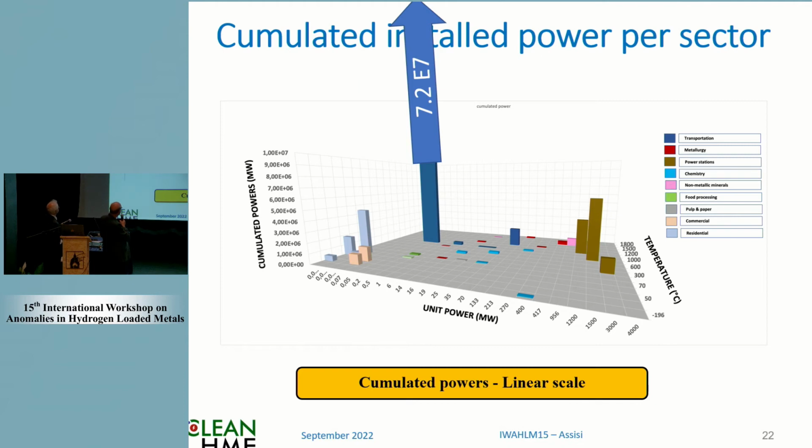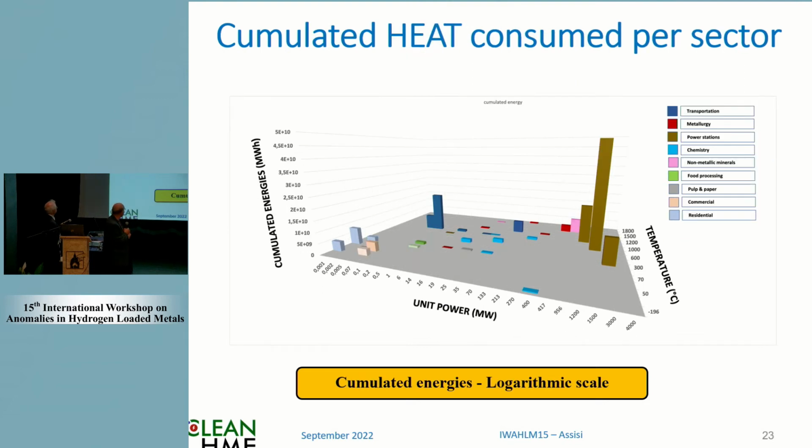This is just 10 million megawatt, and it should go up to 7.2. Of course, these power stations run almost all the time, and you don't drive the car all the time. So if you look at the energy used, there is something much more in accordance with what we may expect.